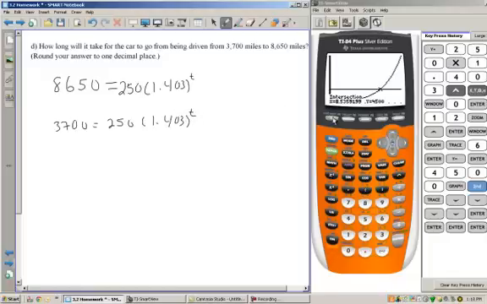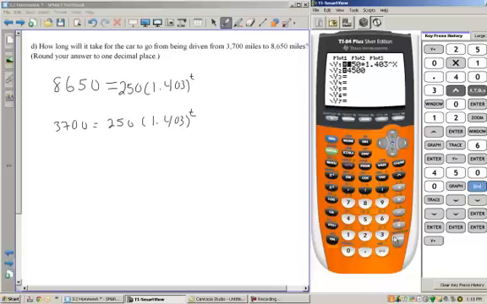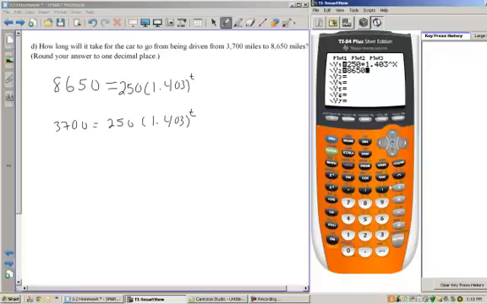On my calculator, I already have the formula on the right. I can do this simultaneously by doing, I have 8650, and y3 I can put 3700.